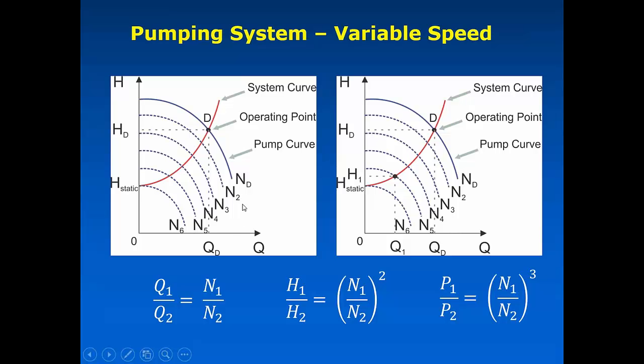And so if we had to move to a lower flow rate, so if we had to go from this flow rate down to here, by just running at a lower pump speed, we can actually slide down to one of these lower pump curves and actually maintain being on that system curve there and have a new operating point that's down here, where we're not wasting a lot of energy by throttling back and forcing ourselves to waste the energy that would be the difference between here and here. And so this new system, by using variable speed pumps, allows us to be more efficient.